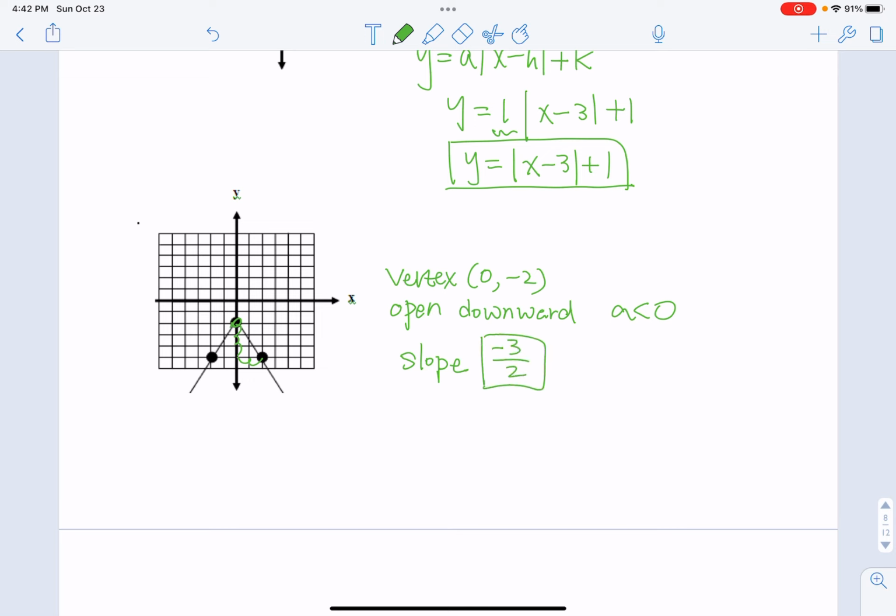So this is going to be the a value. And write down the equation: y = -3/2 |x - 0| - 2. But we don't have to write x minus 0 since there is no moving to the right or left. We can just write y = -3/2 |x| - 2. That's how you write the absolute value equation from the given graph.